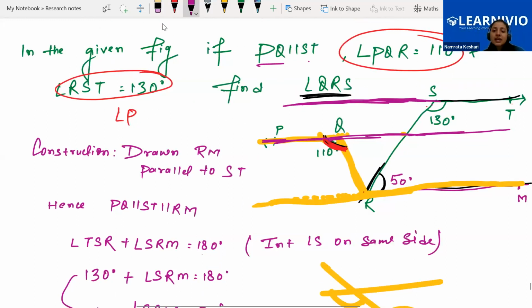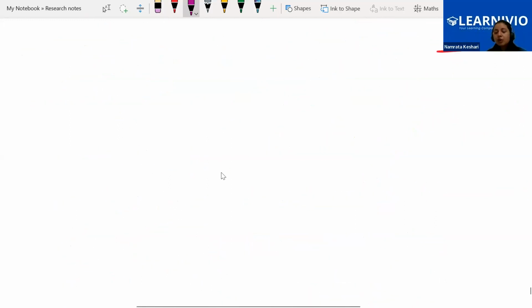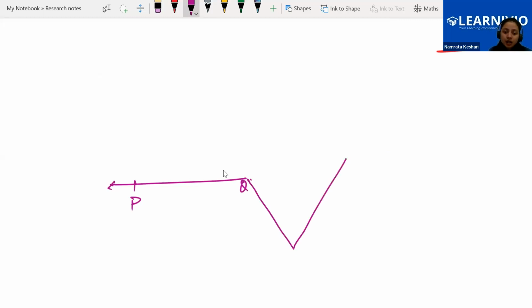Okay, let me summarize what we did. I'm drawing the figure one more time to explain the whole scenario. We had PQ like this, then Q, R, S like this, and then T like this.